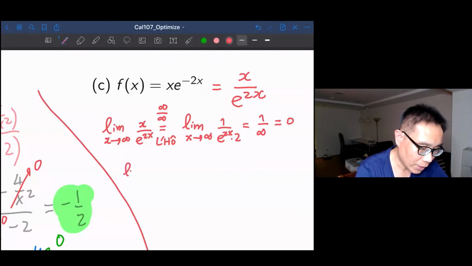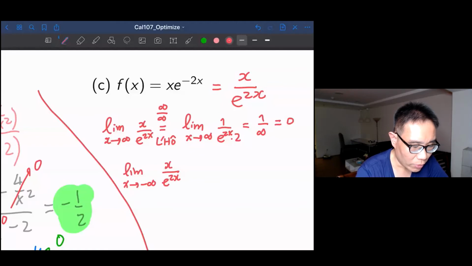Another limit that you have to find is the limit as x goes to negative infinity of x over e to the 2x. In this case, you're not going to get infinity over infinity.